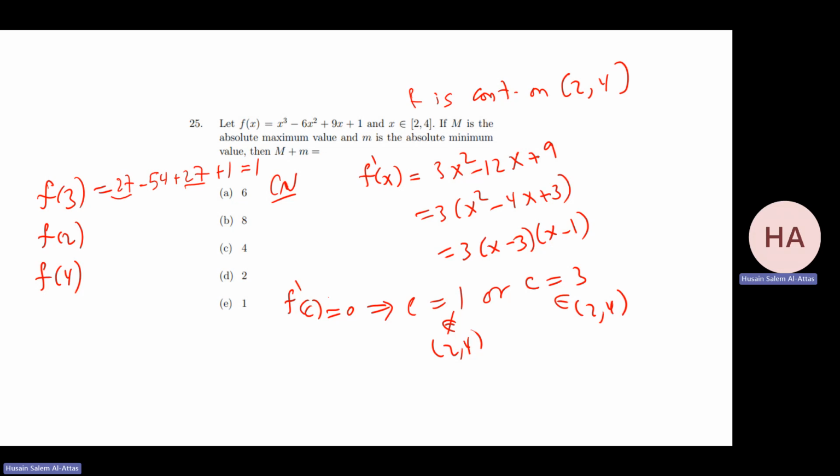So that will be 1. F of 2 is 8 minus 6 times 4, which is 24, plus 9 times 2, which is 18, plus 1. That will give me 18 plus 8, 26, minus 24. That will be 3.